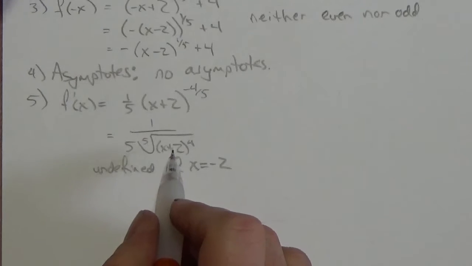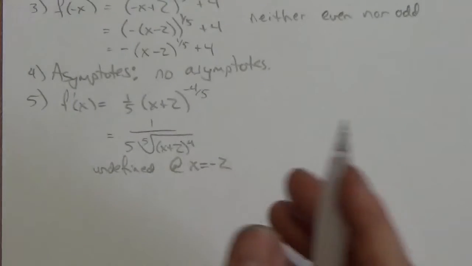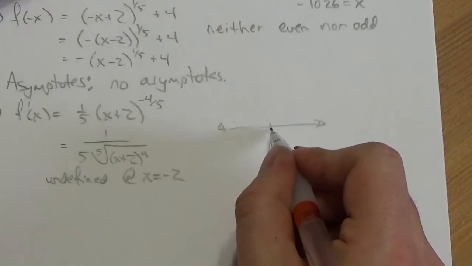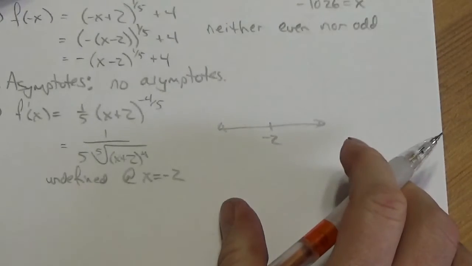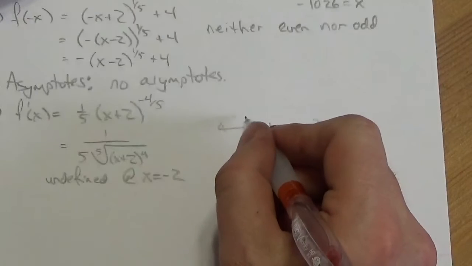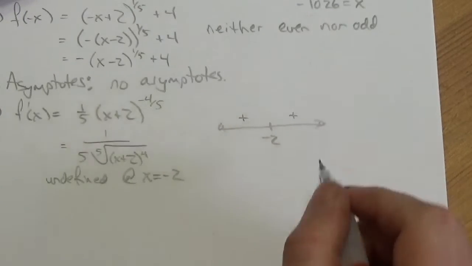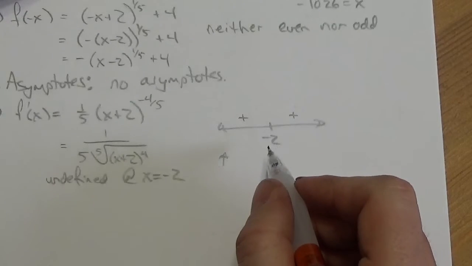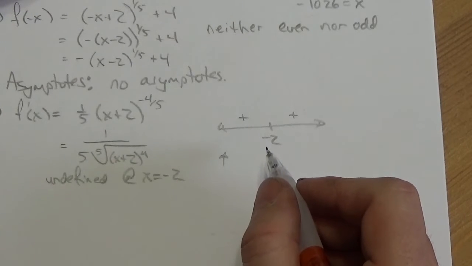The 5th root of a positive is positive, times 5 is a positive, 1 over. So essentially, if I look at my number line here, at negative 2 the derivative is undefined. But to the left, it's positive. To the right, it's positive. Meaning that this graph is increasing.